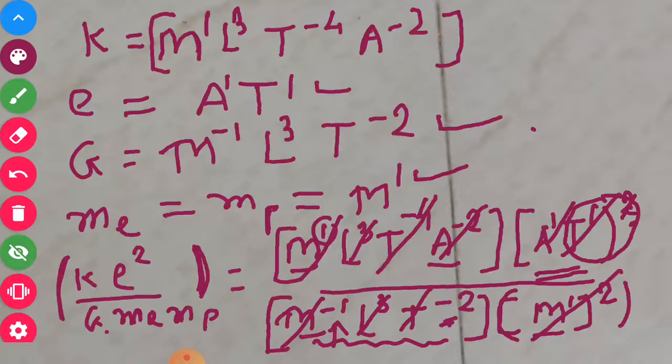Now the value we want to find. So you have to write the value of each and every quantity. I am writing this ratio first: ke²/GMeMp.